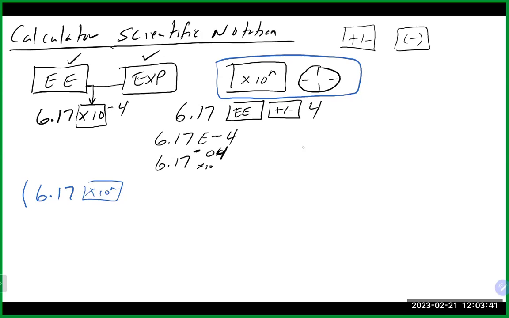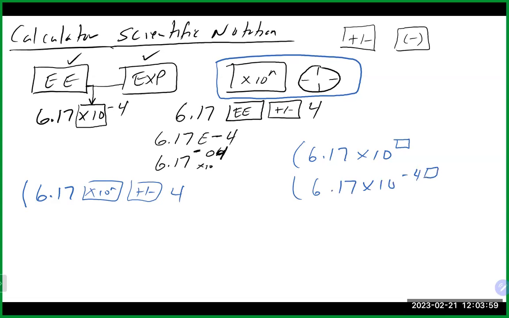And it would display something like this, 6.17 times 10 to the blinking cursor up on top. At that point, you would then hit your negative button and 4. And it'll look something like this. The problem, though, is your blinking cursor will still be up on top.